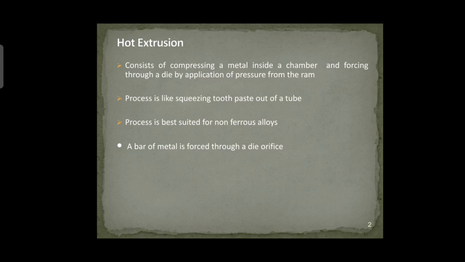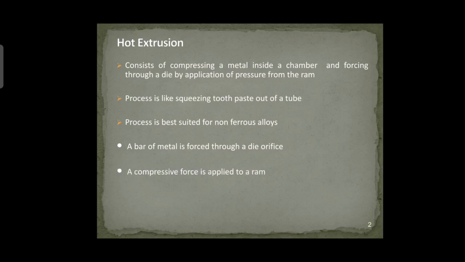If we want to get heated billets to place into the chamber, we have to give more temperature to the ferrous alloys, whereas non-ferrous alloys will require low temperature. So this is the best suitable one. Applying a little pressure, we can get the extruded part out of the die.